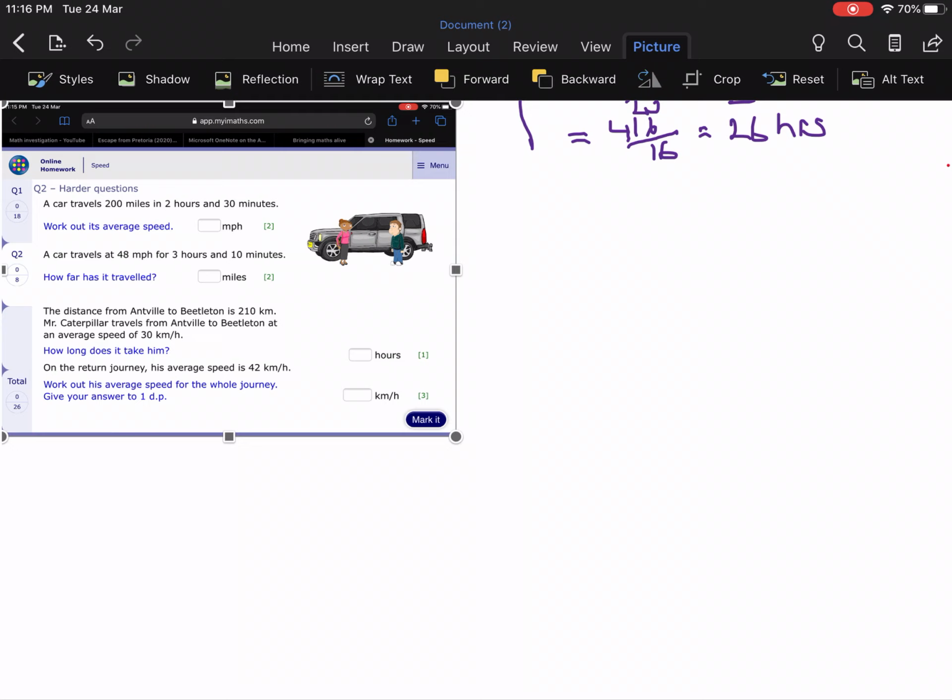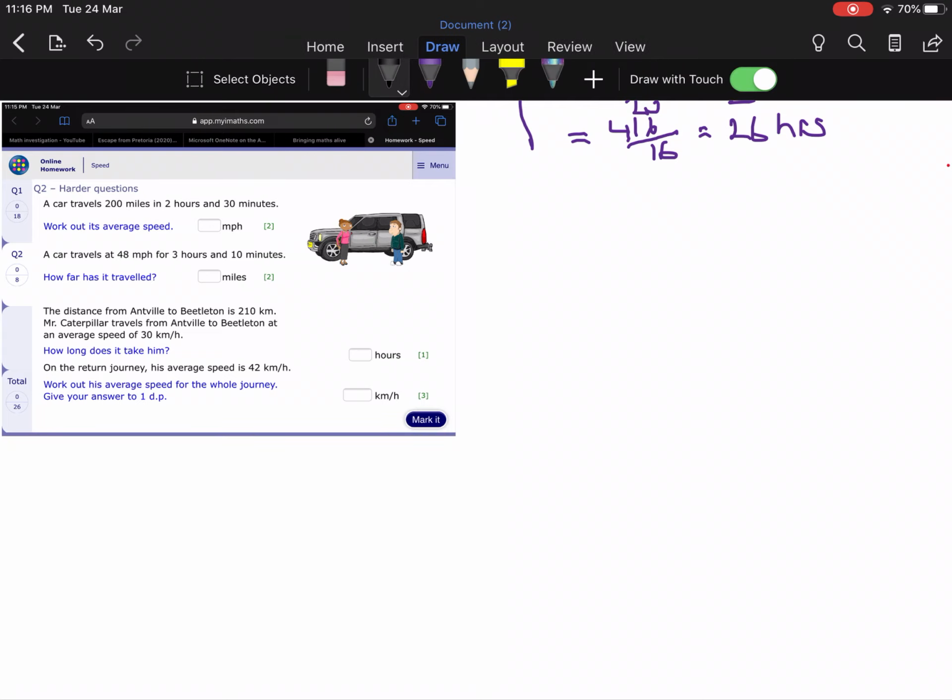So here we've got part 2, which says a car travels 200 miles in 2 hours 30 minutes. So this time, just go for a nice black. It says work out its speed. So what you've got to do is know that 2 hours 30 minutes is equal to 2.5 hours.